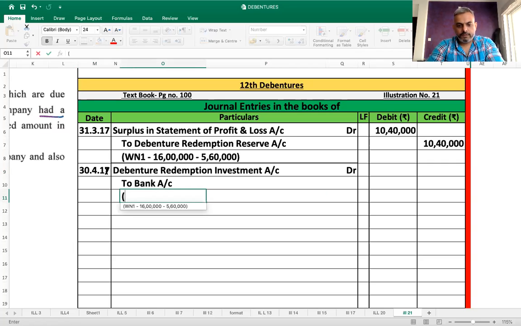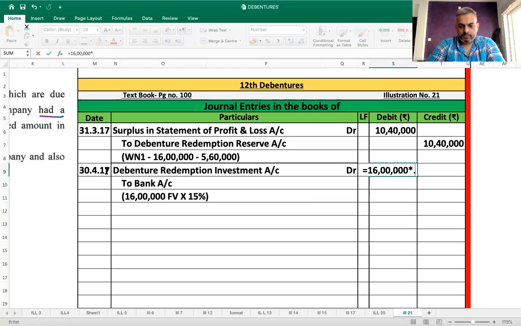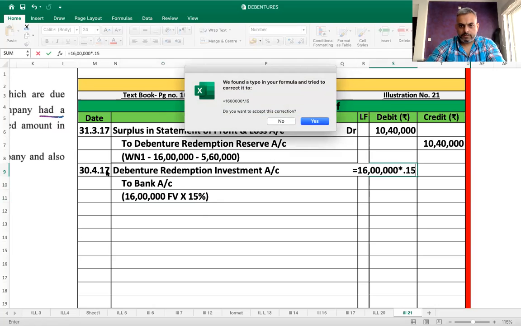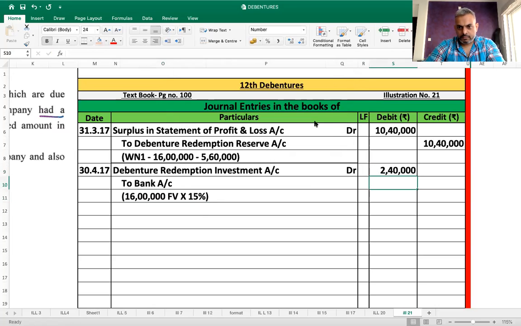So this will be 16 lakh face value into 15% minimum. So 2,40,000.